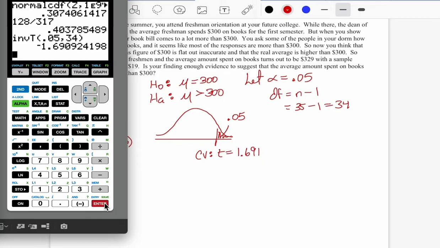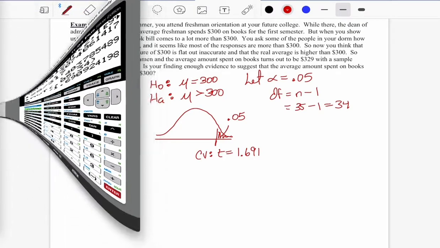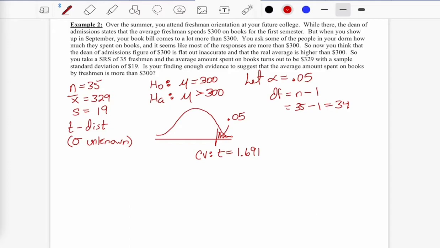Now my test statistic. It's the same structure: statistic minus parameter divided by standard error. So the test statistic in this context is t equals x bar, my statistic, minus mu, the parameter, over s over the square root of n by the central limit theorem, my standard error.